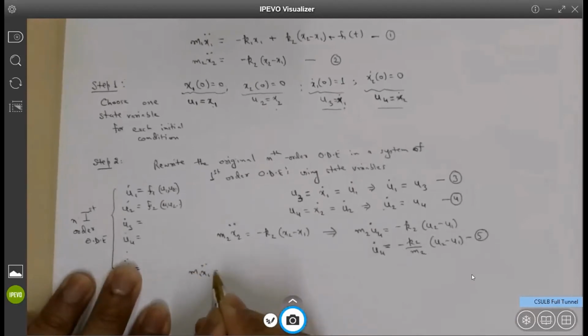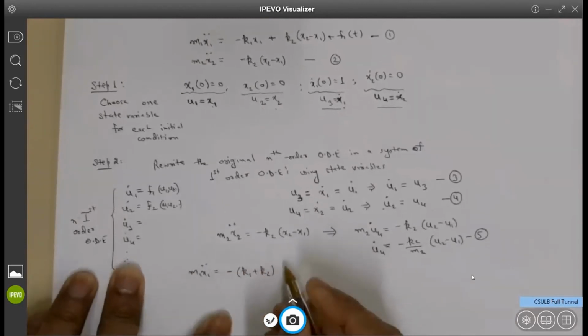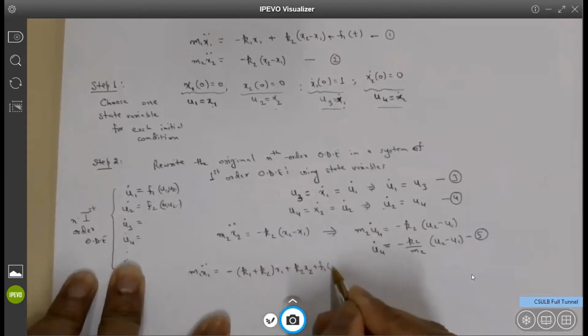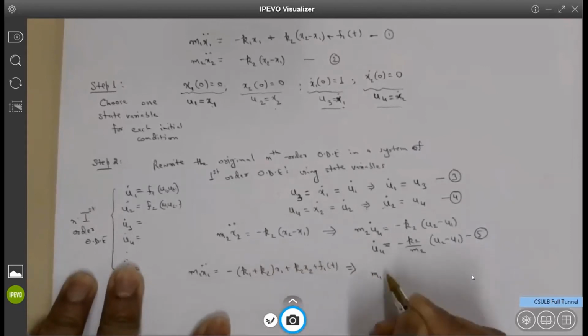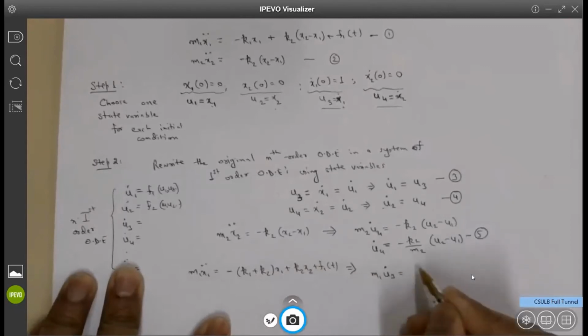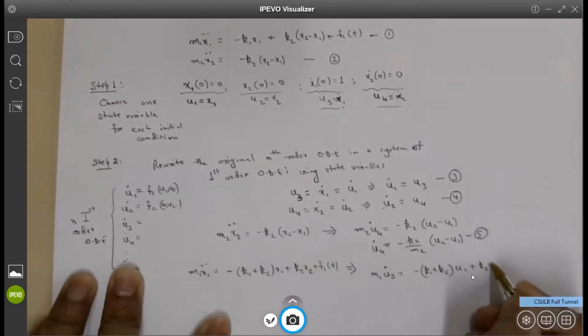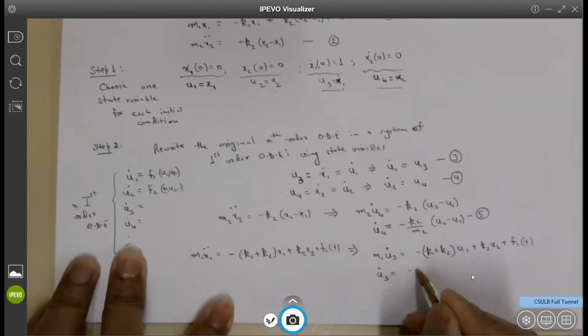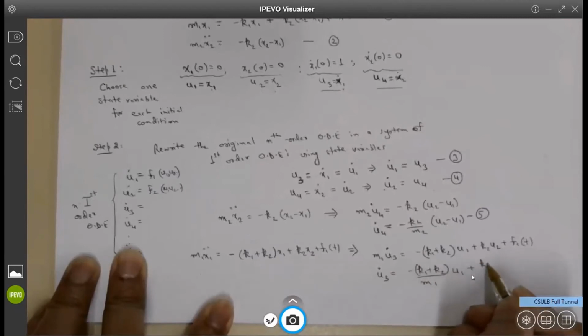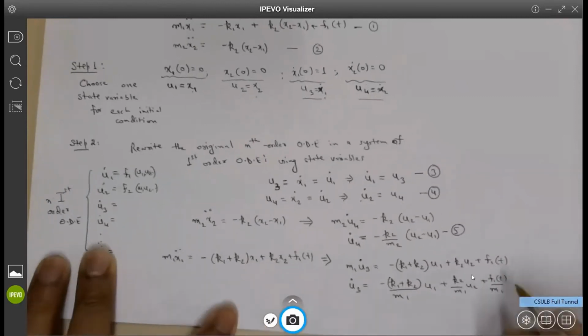M1 x1 double dot is equal to negative K1 plus K2 times x1 plus K2 x2 plus F1 of T. M1 U3 dot is equal to negative K1 plus K2 times U1 plus K2 U2 plus F1 of T. Or U3 dot is equal to negative K1 plus K2 divided by M1 times U1 plus K2 by M1 times U2 plus F1 of T divided by M1. This is my sixth equation.